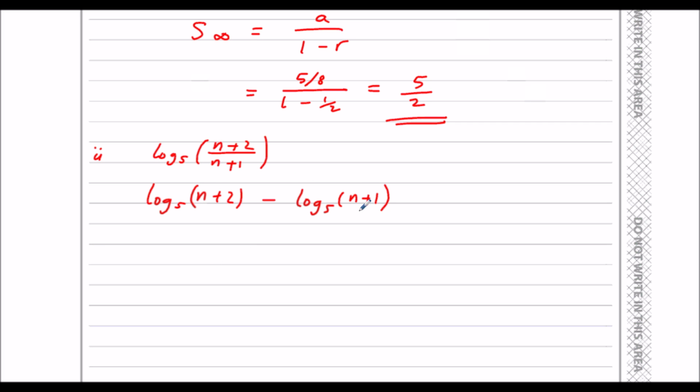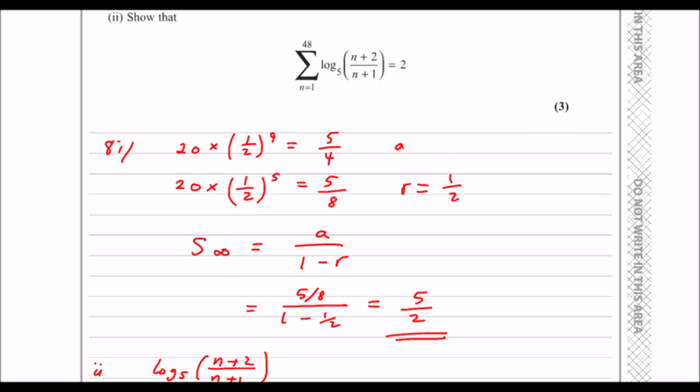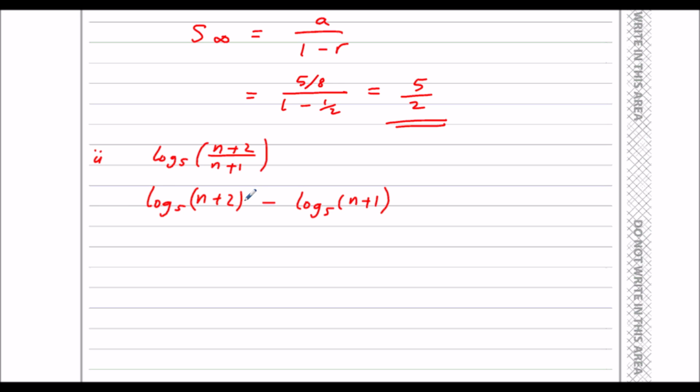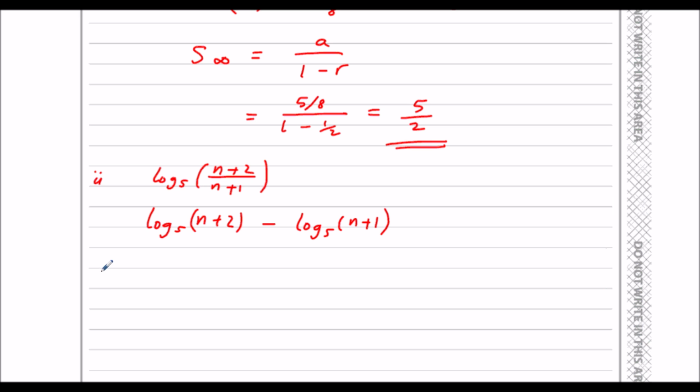But where we're going to be doing this taking away, we're going to cancel some out. So the biggest number will be when n is 48. So if we have log 5 48 plus 2, that would be log 5 50 minus log 5 48 plus 1, which is 49.